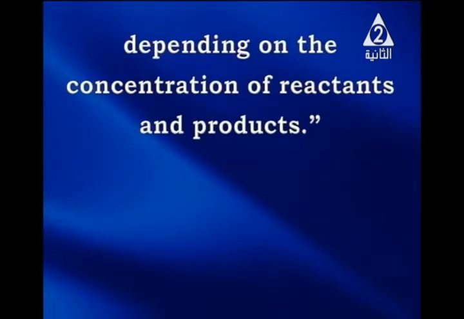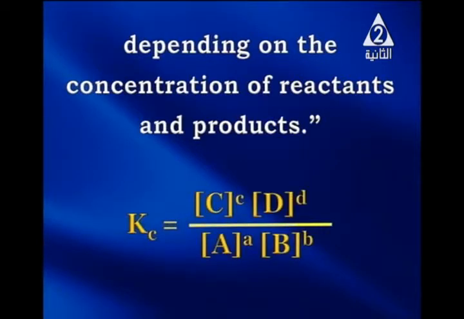This depends on the concentration of the reactants and products. So, we can say Kc equals the concentrations of substances C and D, which are the products, each raised to the power of the number of their moles in the balanced equation, over the concentrations of substances A and B, which are the reactants, each raised to the power of the number of moles in the balanced equation.